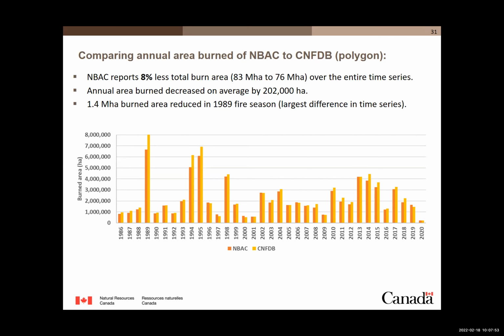So for example, in 1989, the NBAC mapped about 6.6 million hectares, while the Canadian National Fire Database reported 8 million hectares, which is a difference of 1.4 million hectares, which is quite significant. And again, the purpose here is to show you that the finer delineations of fires produced using Landsat, that do not account for the unburned forest patches or water within that perimeter estimate, provide a more accurate estimate of burned area.